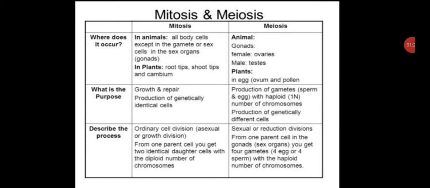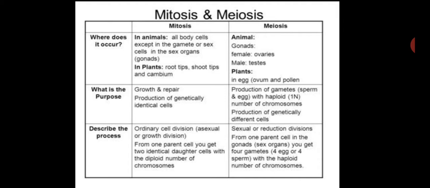Whereas meiosis is nothing but a reductional division, a heterotypic division. That means it produces four haploid cells. The chromosomes are different from the other cells, and the genetic composition of the daughter cells is also not equal.